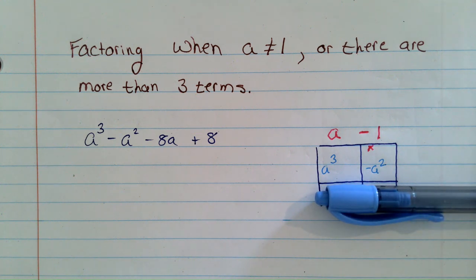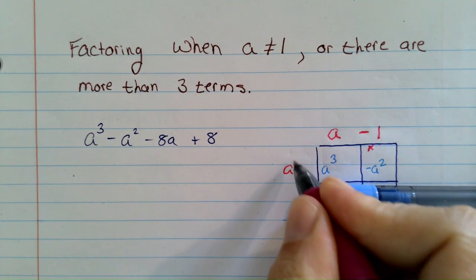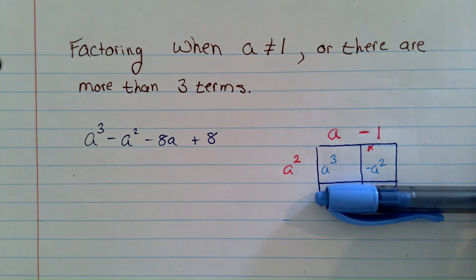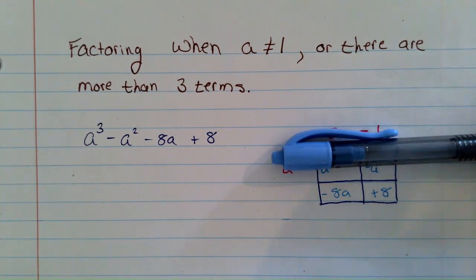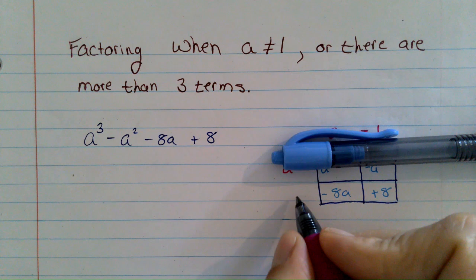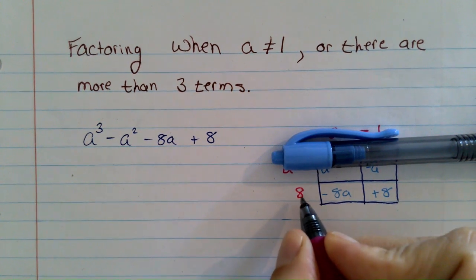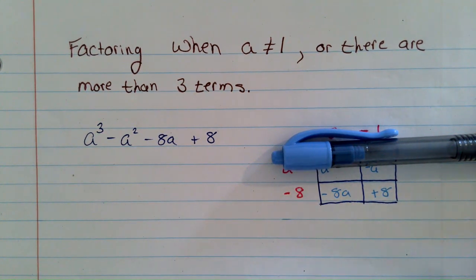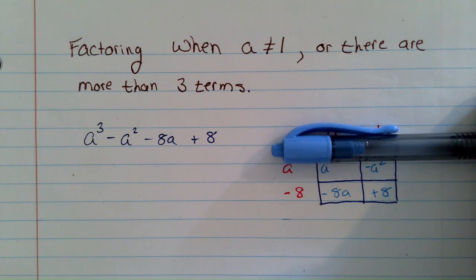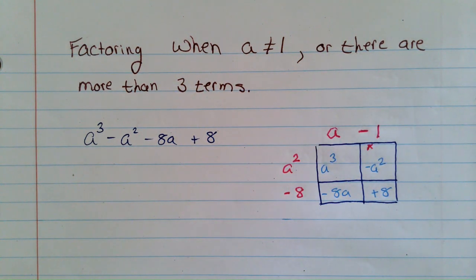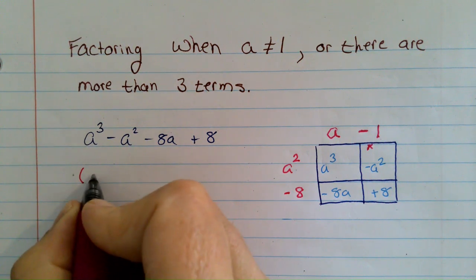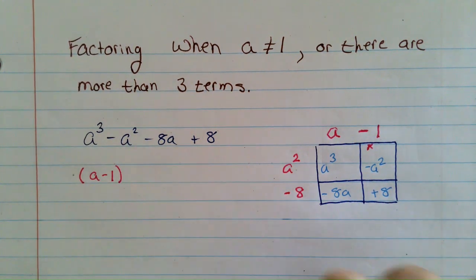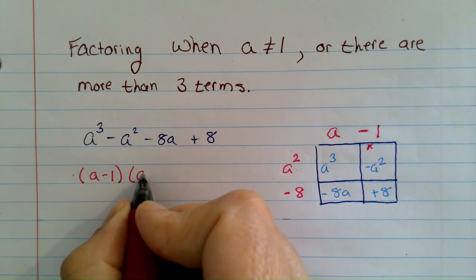When we look at it that direction, they both have an a squared. And then horizontally, both of these have a GCF of 8. And the closest box is negative, so I'm going to put a minus. With that in mind, now I know that my parentheses are a minus 1 for that first quantity being multiplied by a squared minus 8.